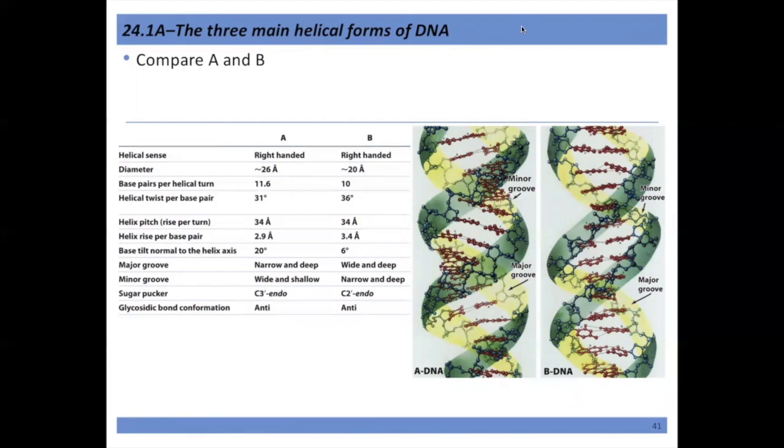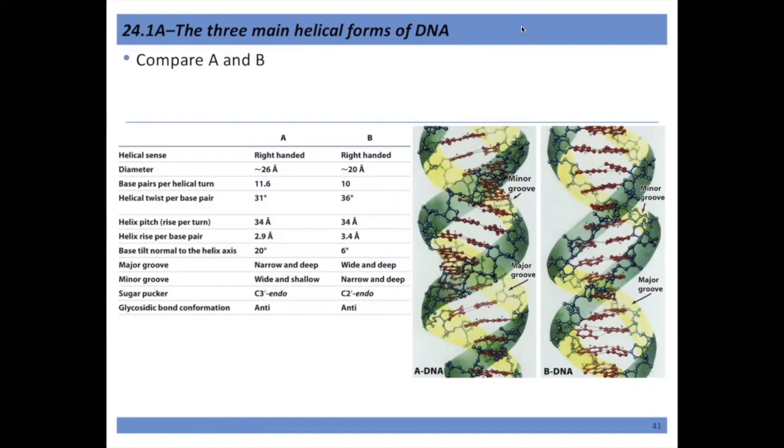Then you should know the number of base pairs per helical turn. For A DNA, it's 11.6. For B DNA, it's 10, actually a little closer to 10.4 or 10.5, I believe. But again, this can vary depending on the conditions.